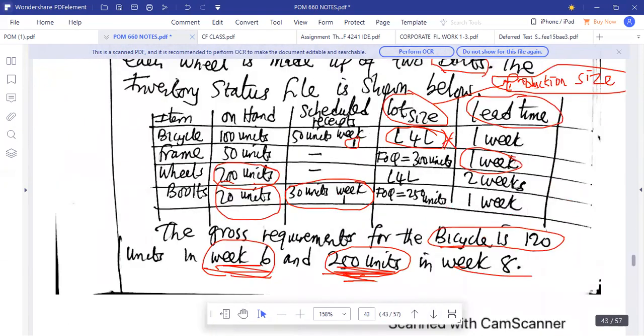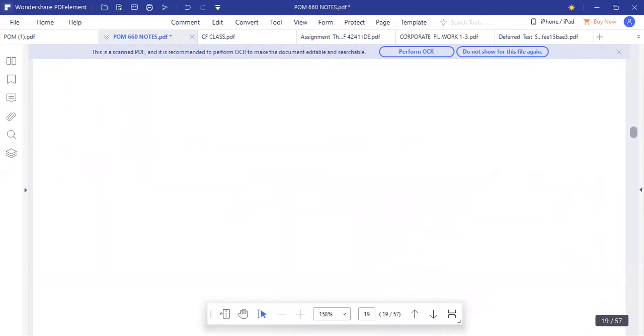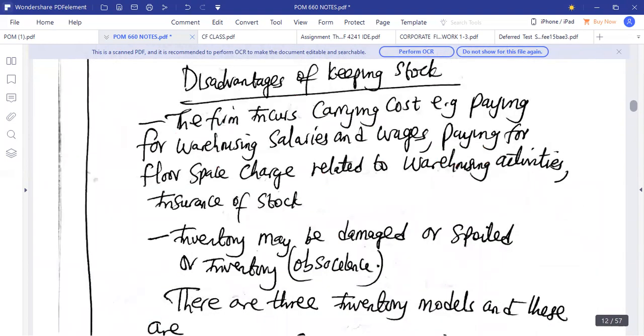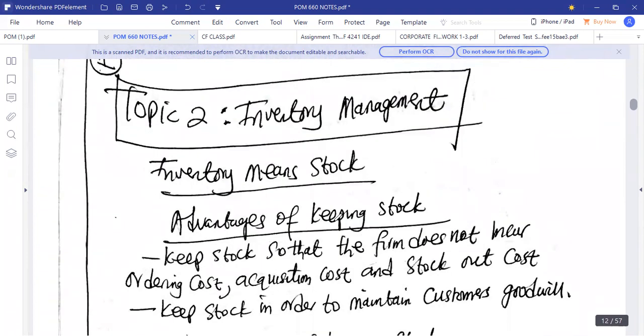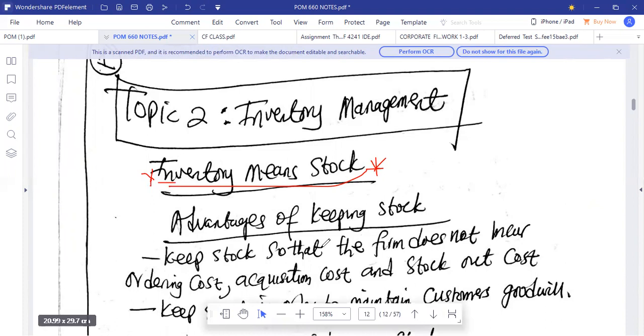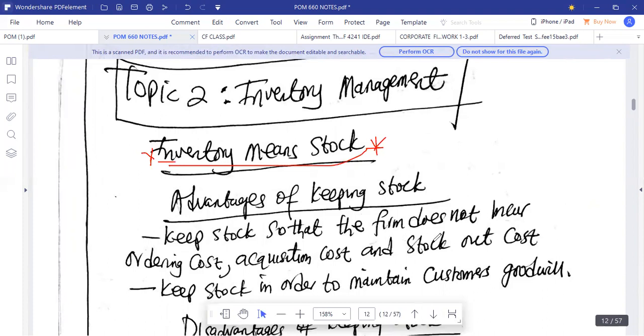So let's now look at inventory management. Inventory means stock. So we can now look at what are the advantages of keeping stock. The first one, you keep stock so that the firm does not incur ordering costs.